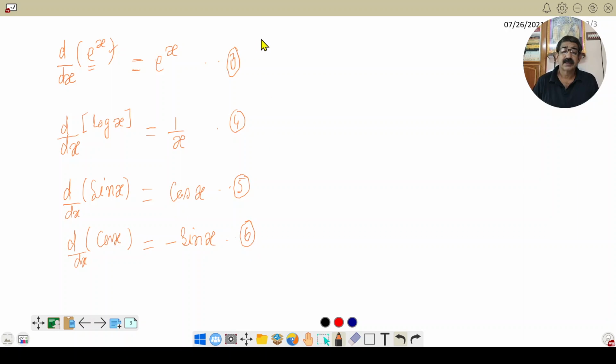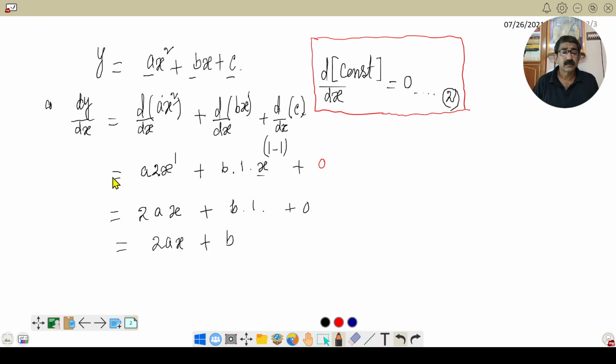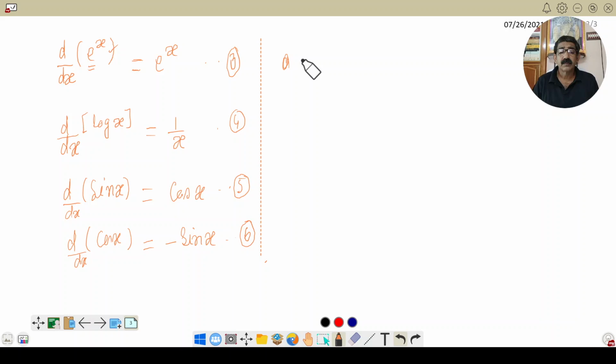Rule number 6, d dx of tan x is equal to sec square x.